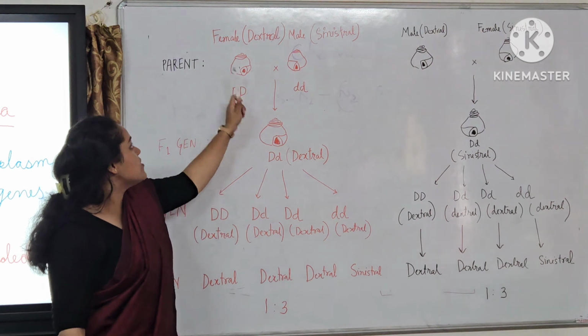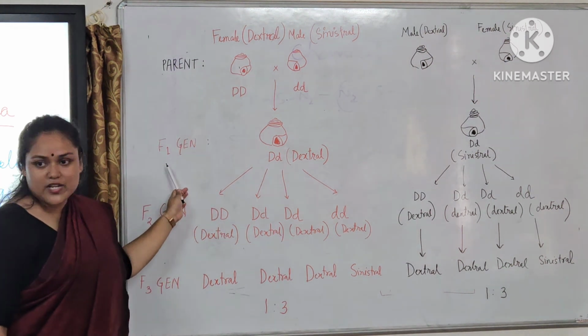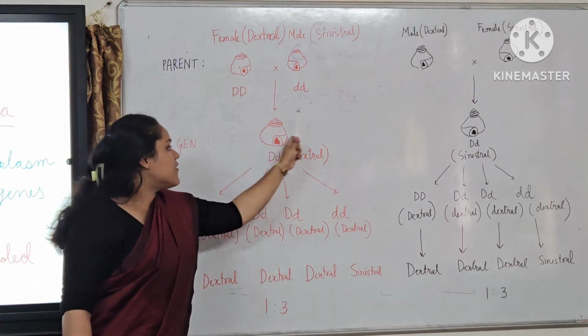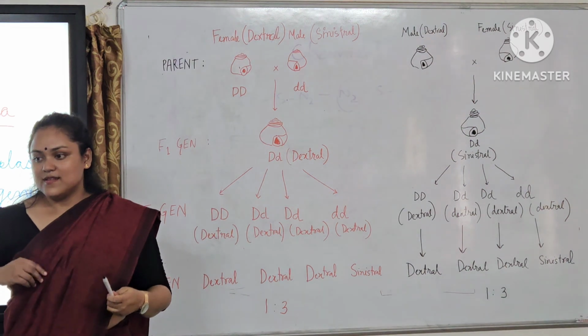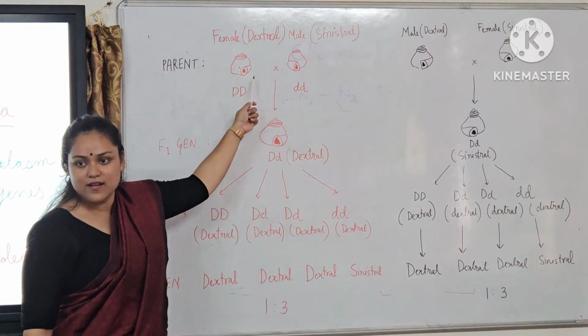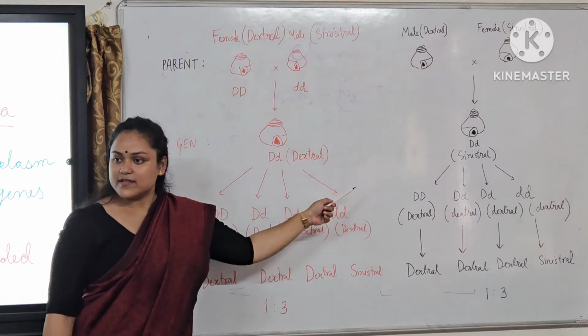In this cross, the female is dextral. So in the F1 generation, the next generation, all the offspring are dextral. Why? Maternal effect, because the mother is dextral. That's why all the offspring are dextral.